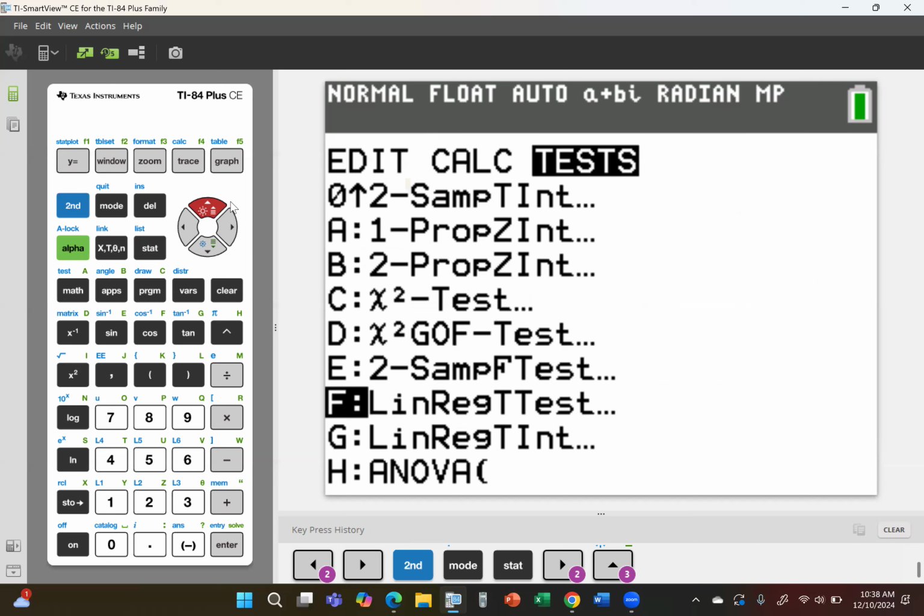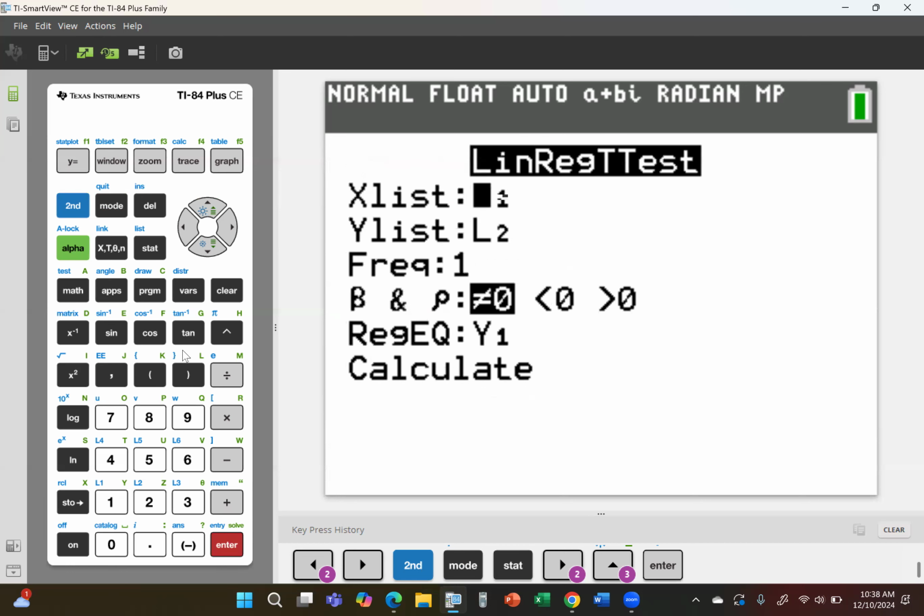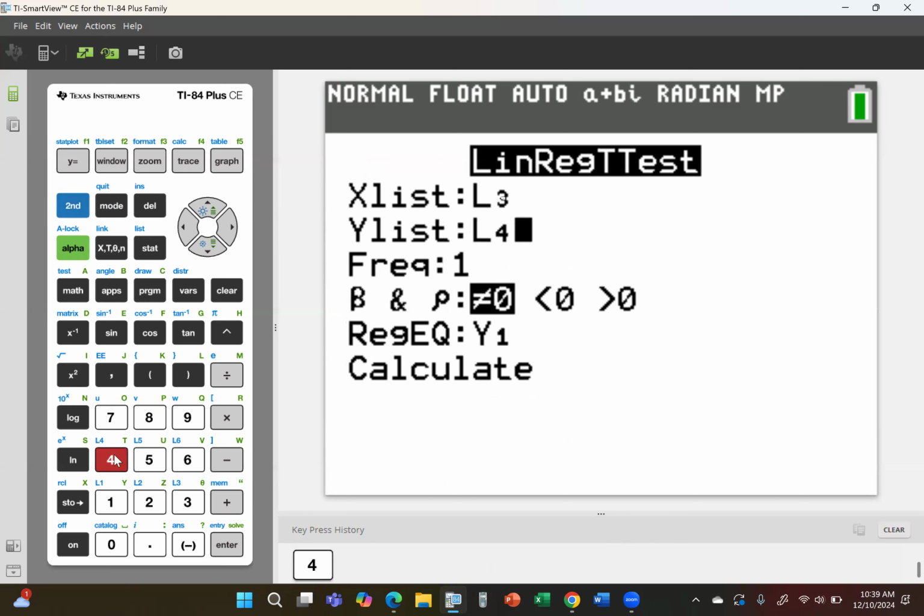And I want to do a test because it'll give me the p-value. Okay, so lin reg t test, and I put my data in L3 and L4, so second 3. Y list, the profit was in 4, correct? L4.